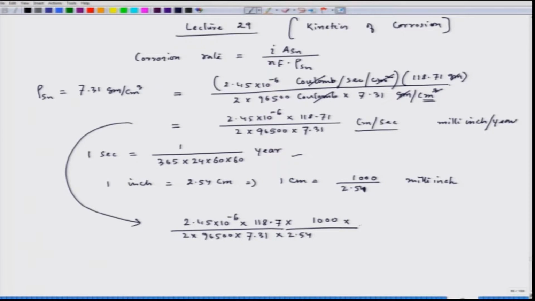And then 1 second is equal to this much, per second. So that will be multiplied here, and this becomes milli-inch per year.